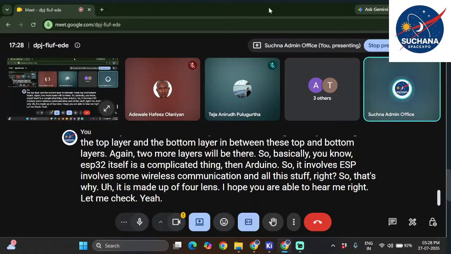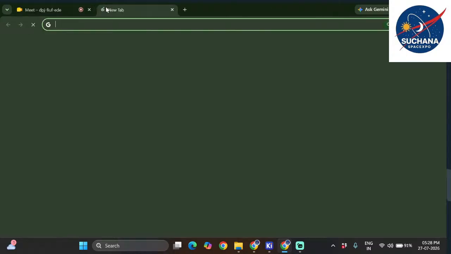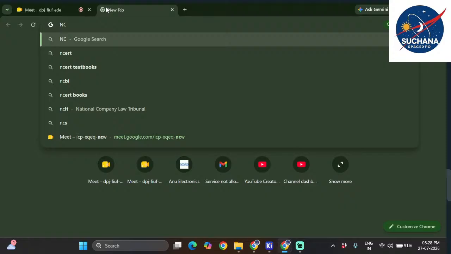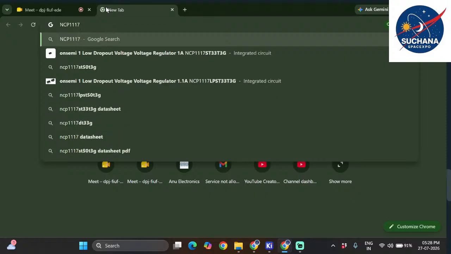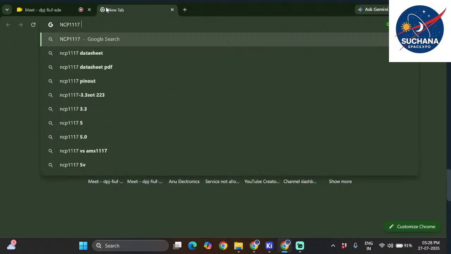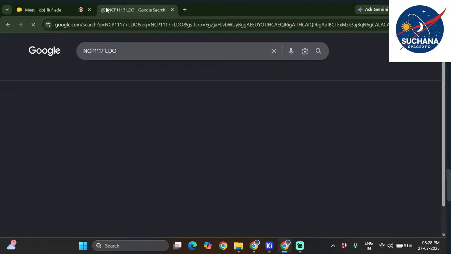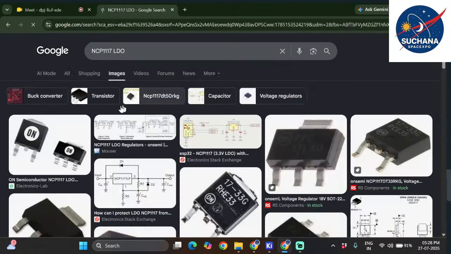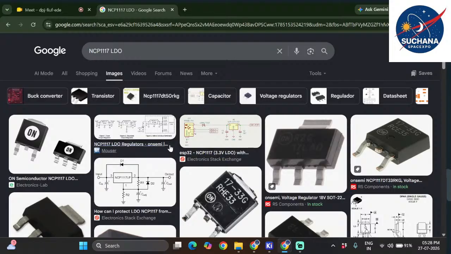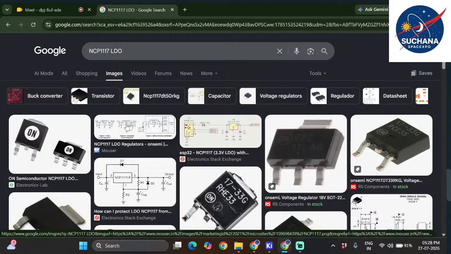See, there is something I'll show you. NCP1117, which is an IC, basically an LDO, low dropout voltage IC. You can see NCP1117, low dropout voltage regulator, LDO regulator.